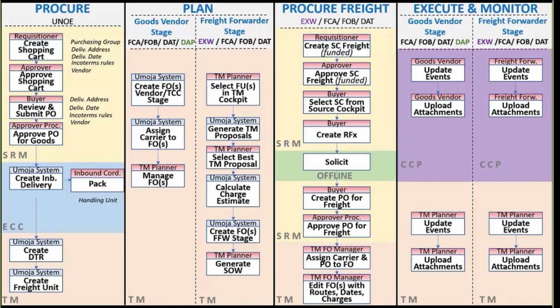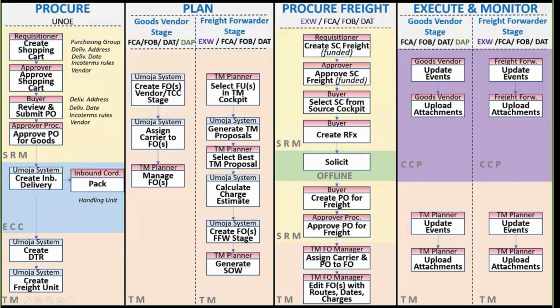And this is to raise awareness on the importance and the impact of the changes on the inbound delivery that will have on downstream processes. This is the process from procuring materials to just before physically receiving the materials in the mission. And this is the journey that the document will have in Umoja.